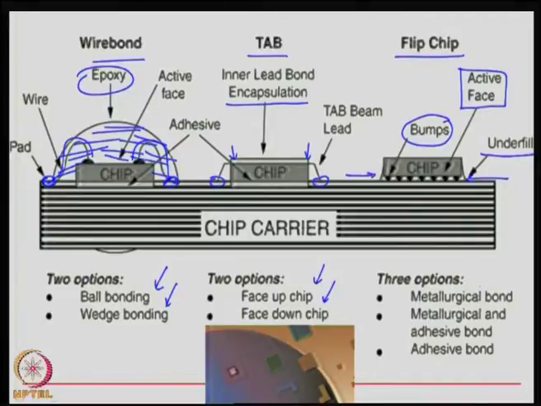It can be a metallurgical bond, or it can be a combination of metallurgical and adhesive bond, or it can be an adhesive bond. So, you can have conductive adhesives used to make electrical interconnections, or you can do a simple metallurgical bond, okay, bonding two metal surfaces using high temperature, pressure, and then establish an electrical interconnection.